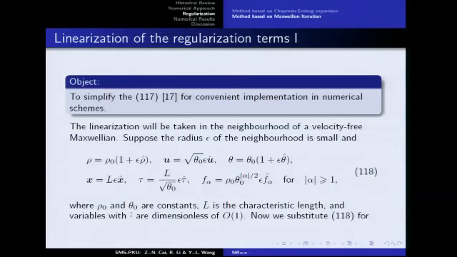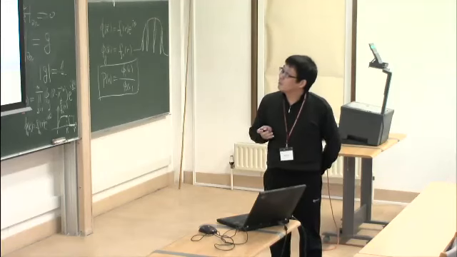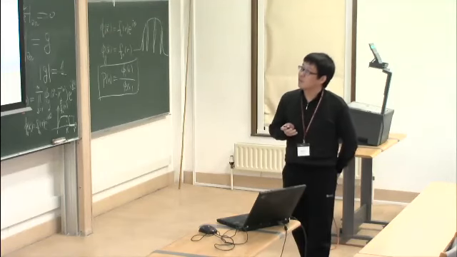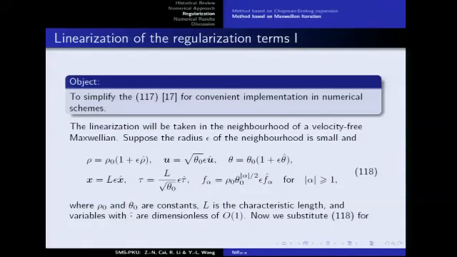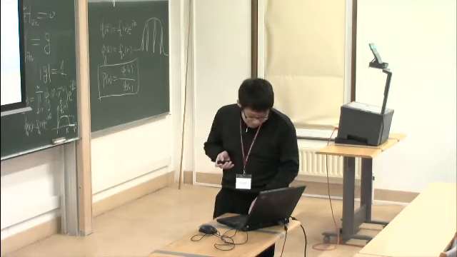for a simple implementation, and this procedure is called linearization. We linearize this regularization term in the neighborhood of a velocity-free Maxwellian, and we suppose that the radius of the neighborhood is epsilon, and we substitute this epsilon into all the variables.